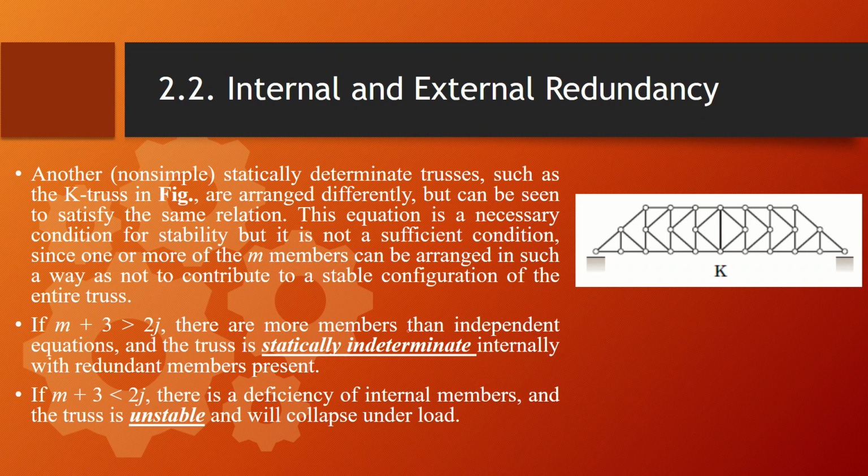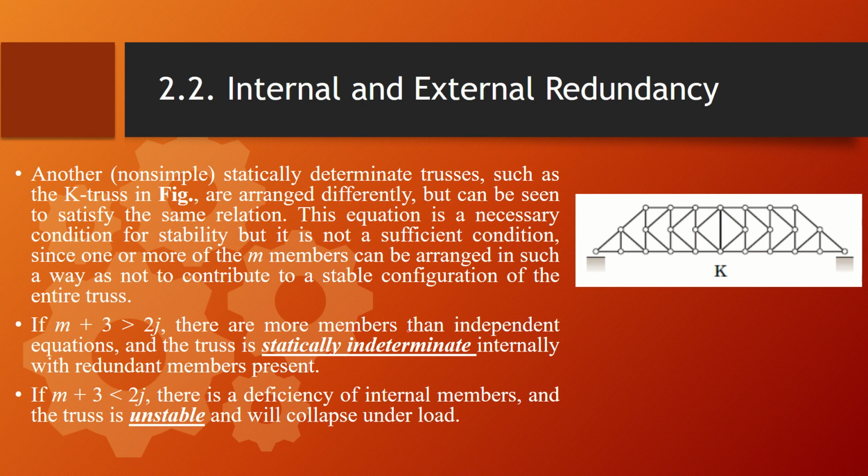The equation which we have discussed before, that is m plus 3 equals j, is a necessary condition for stability, but is not sufficient for the stable condition, since one or more of the m members can be arranged in such a way that they cannot contribute to the stability of the configuration.